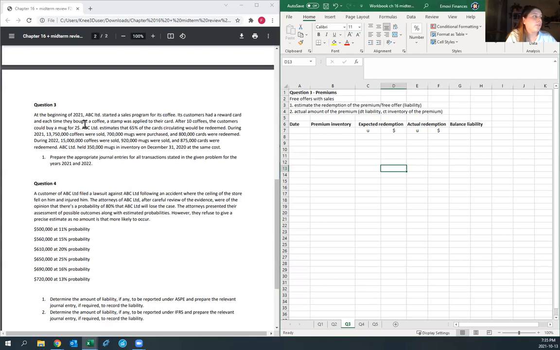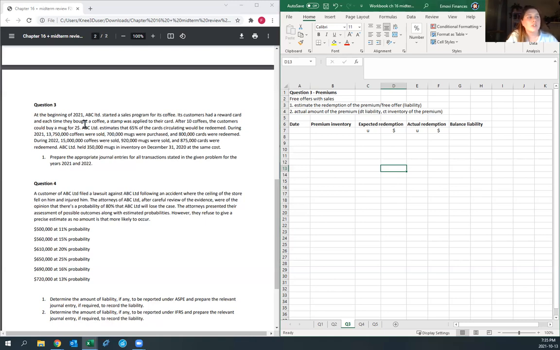During 2022, 15 million coffees were sold, 920,000 mugs were sold, and 875,000 cards were redeemed. ABC Limited held 350,000 mugs in inventory on December 31st, 2020 at the same cost. The only requirement is to prepare the appropriate journal entries for all transactions stated in the given problem for the years 2021 and 2022. So a lot of numbers.